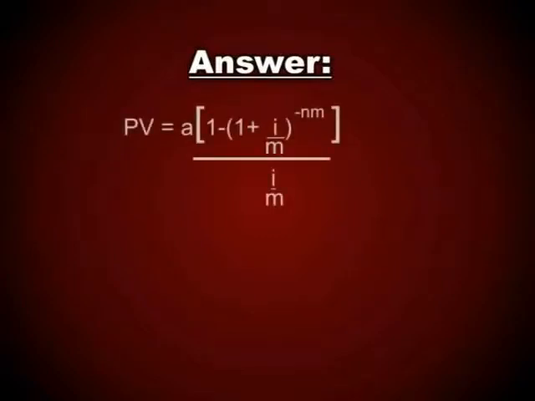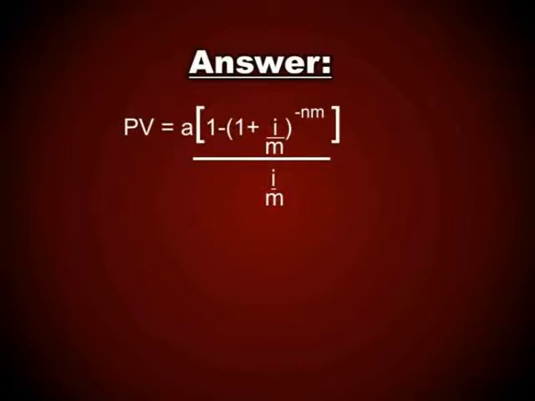Let us have a look at what you should have come to. The standard formula is present value is equal to A times 1 minus 1 plus I over m to the power negative nm, all divided by I over m.